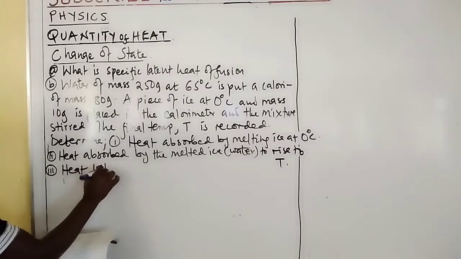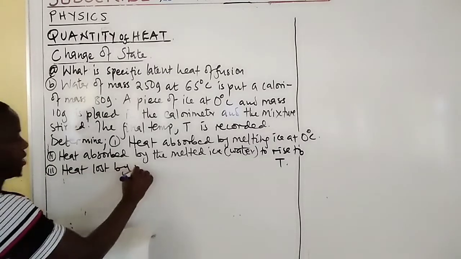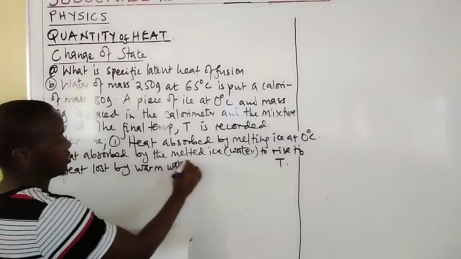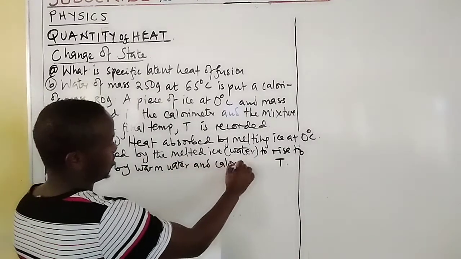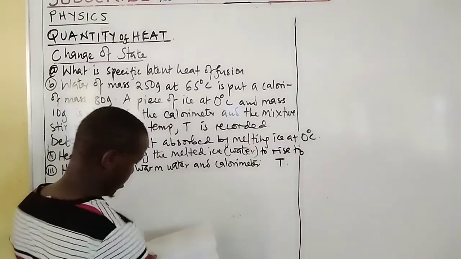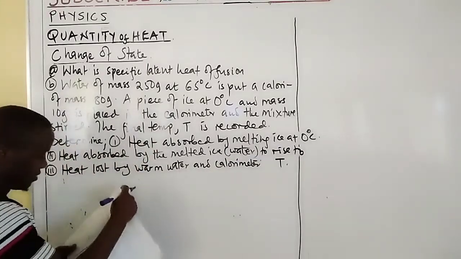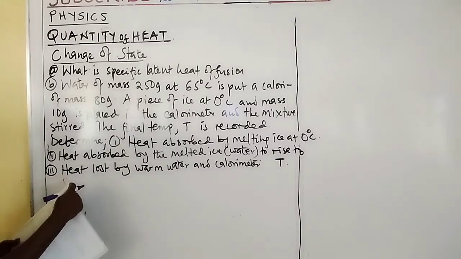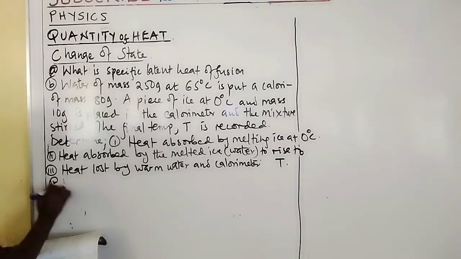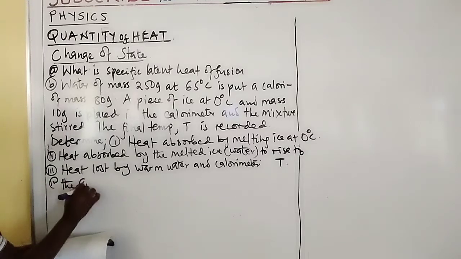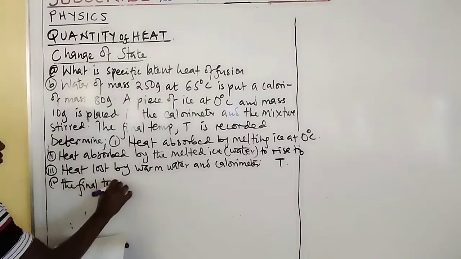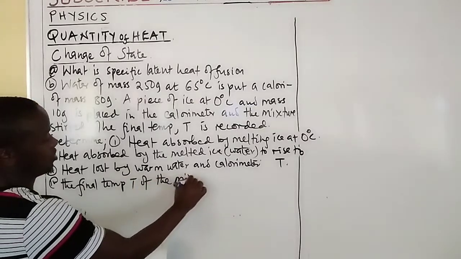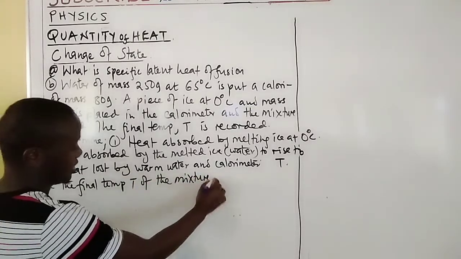Heat lost by the warm water and calorimeter, still in terms of T, the final temperature T of the mixture. The final temperature T of the mixture also has to be calculated.